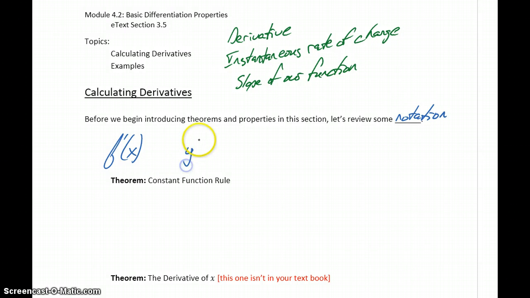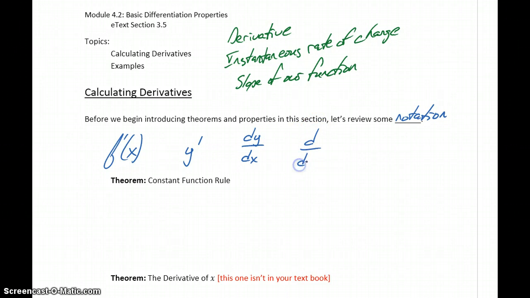Similarly, we could write y prime, which would mean take the derivative of some equation y equals whatever we have on the other side. We could write dy over dx, which means exactly the same thing as y prime. We were given some equation y equals whatever on the other side. We're going to take the derivative of that equation y with x as our independent variable.